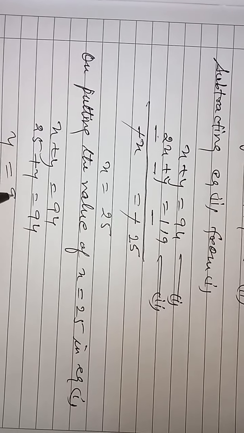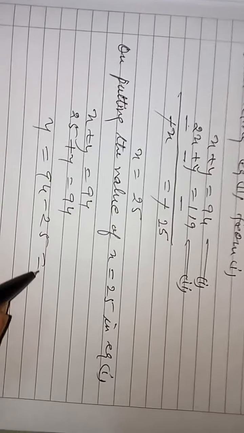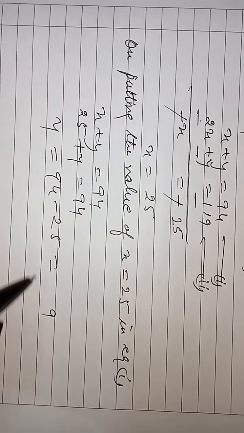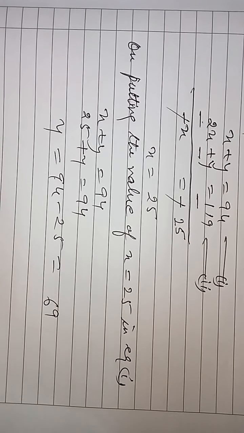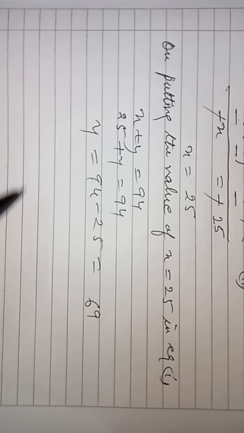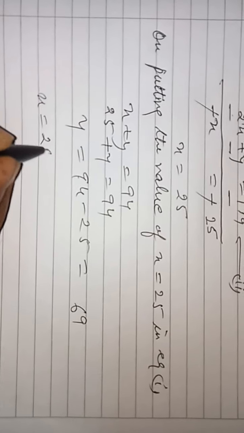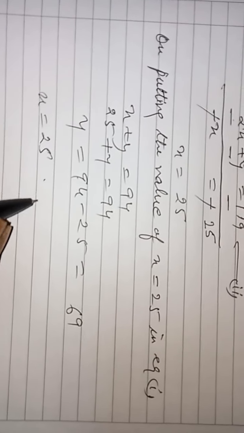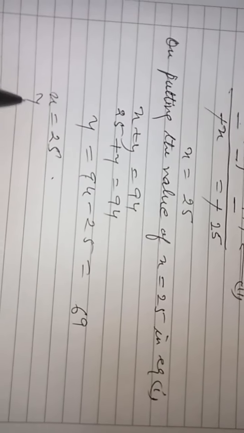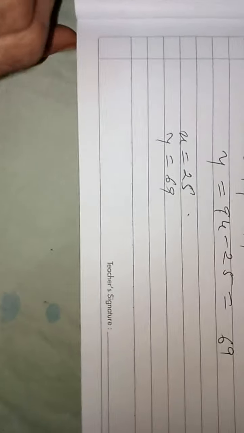So y = 94 - 25 = 69. So x = 25, this is the number of 50 paise coins, and y = 69, this is the number of 25 paise coins.